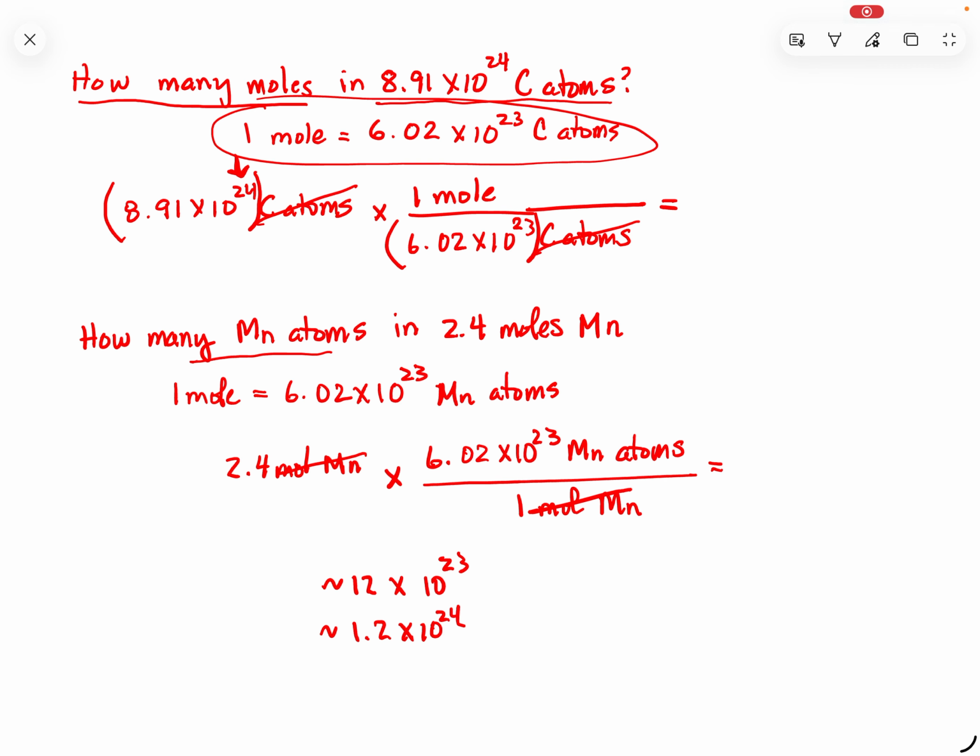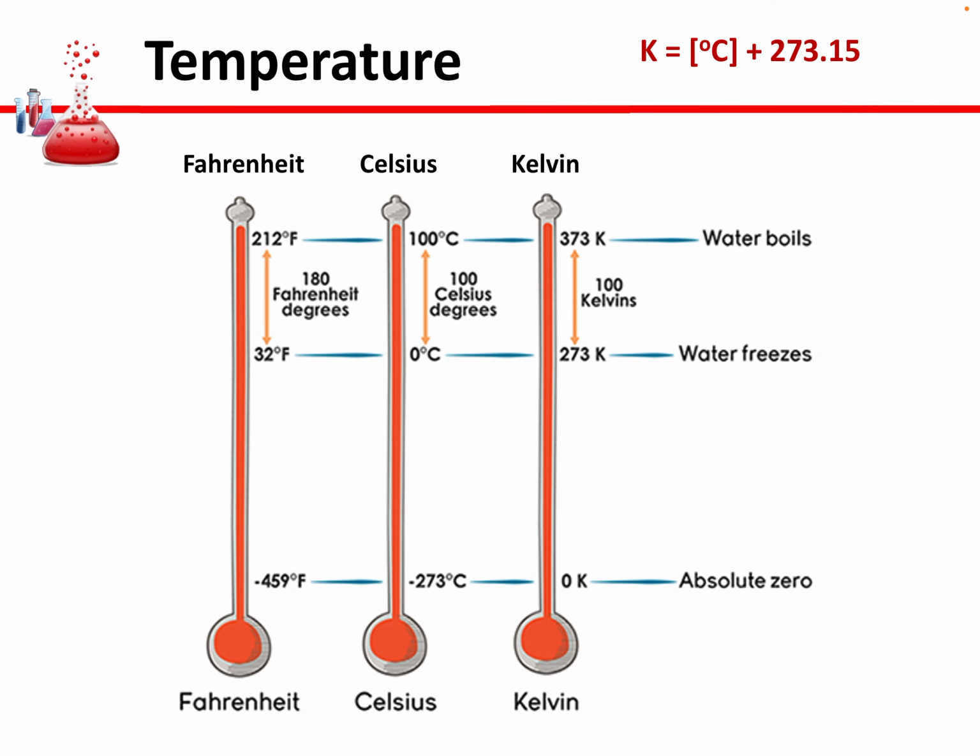Very good. All right, let's go back to our lecture. Okay, so the temperature scale that is used by the SI units is Kelvin. That is the absolute temperature. If you go down to the 0 in Kelvin, that's where everything stops moving, right?